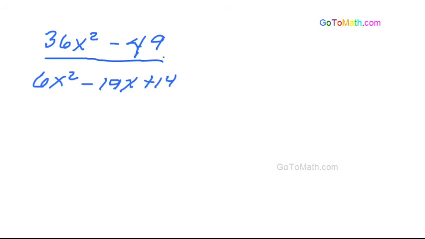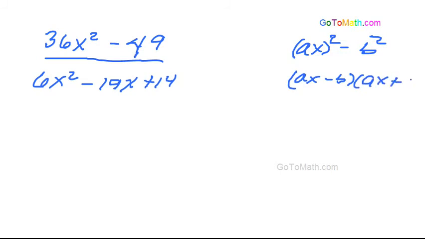So let's take a look at the numerator. Taking a look here, this looks like it's going to be in the form of a squared x squared minus b squared. Okay, the difference of squares, and therefore if we had to factor, this would be ax minus b times ax plus b. In this particular case here, we've got 6x quantity squared minus 7 squared.